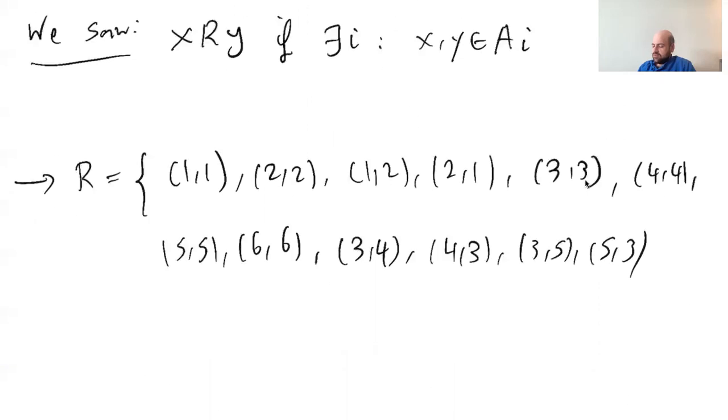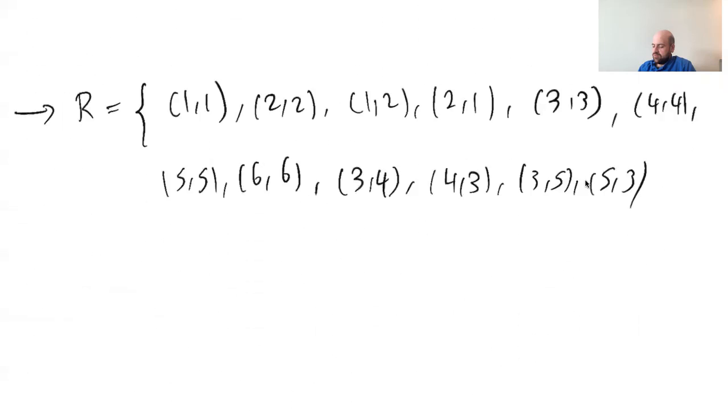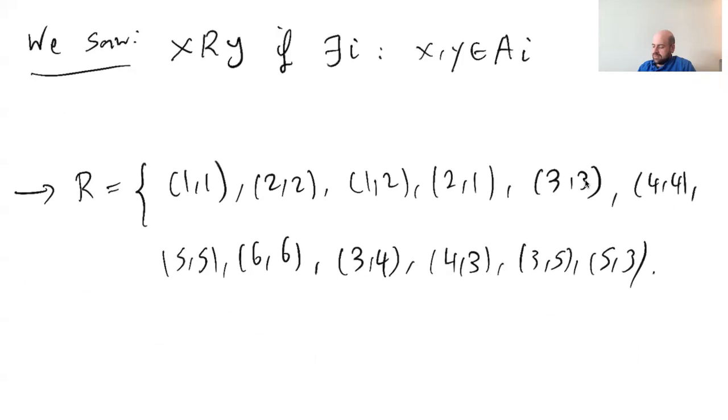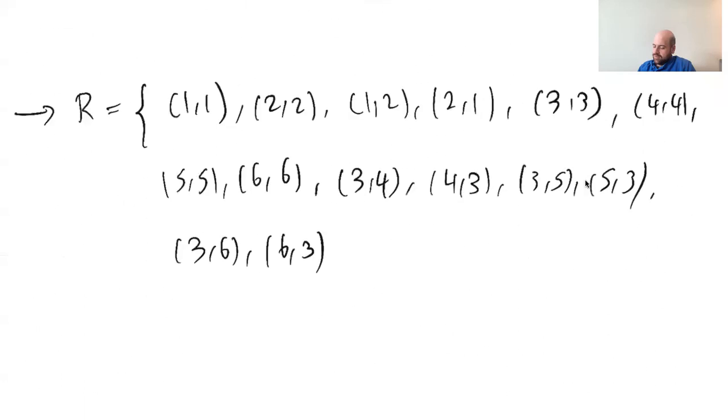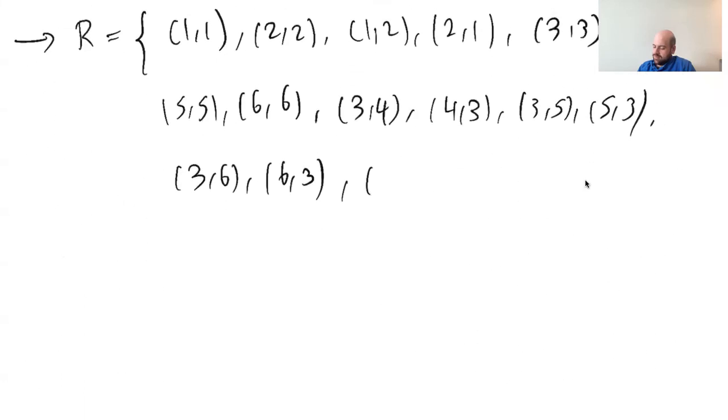Similarly, (4, 3), (3, 5), (5, 3) are in R. What else? (3, 6), (6, 3), both of them in R. (5, 6), (6, 5).